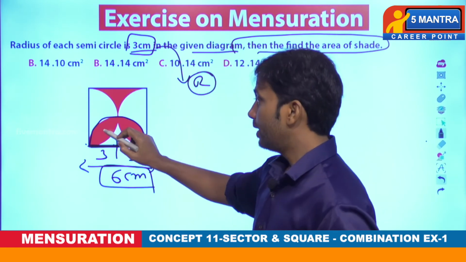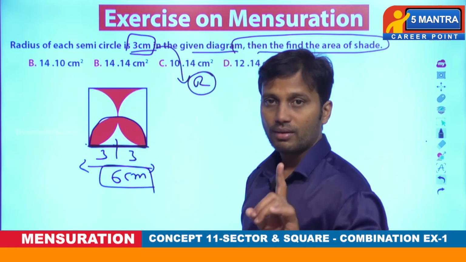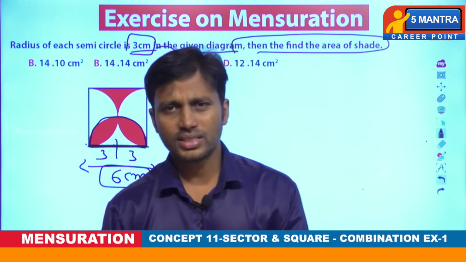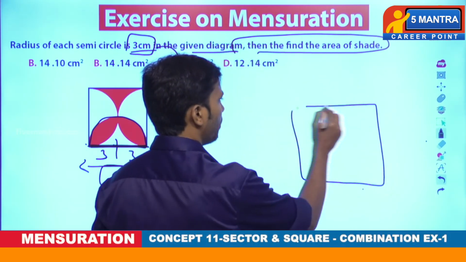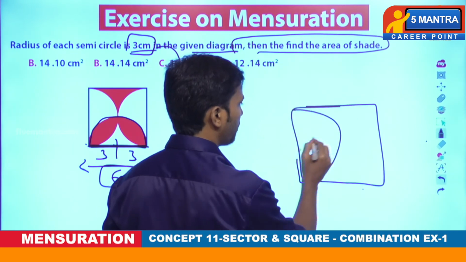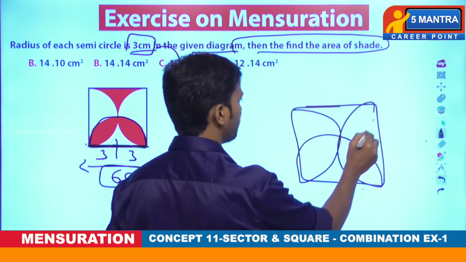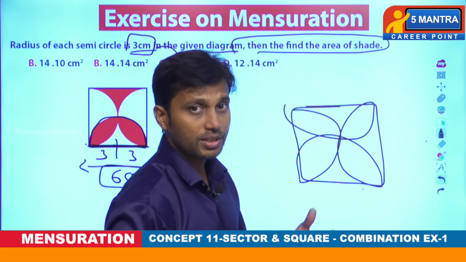So now what is our question? To find the area of shade. Once again reminding you, this is only the mother diagram. You need to use the mother diagram. Once again I am reminding you of the shortcut taught in the concept video.